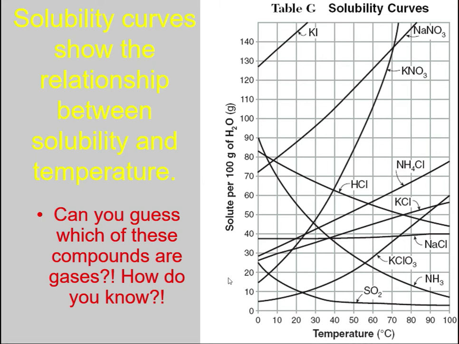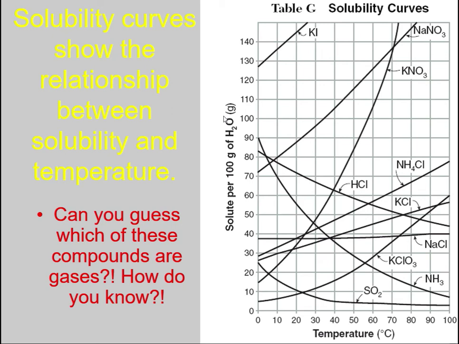So if I were to look at this and read this graph, I would see at 0 degrees Celsius, which is right near freezing, I could have 90 grams of ammonium nitrate, of ammonia, dissolving into water. Okay? But I could have, say, 127 grams of potassium iodide. So these intersections all represent the amount of material that can dissolve in 100 grams of water.